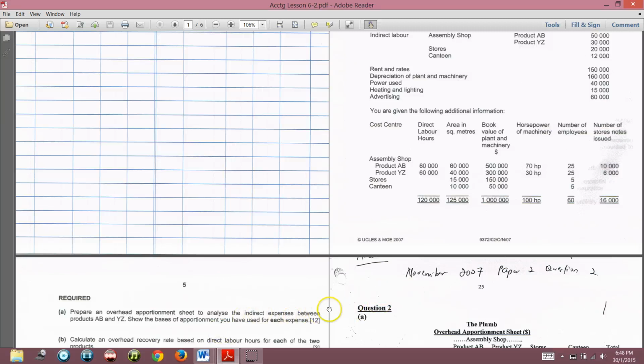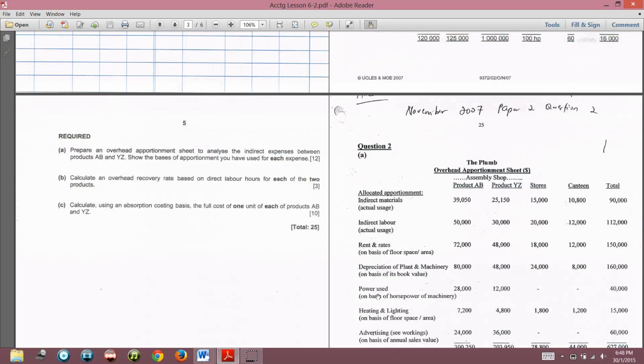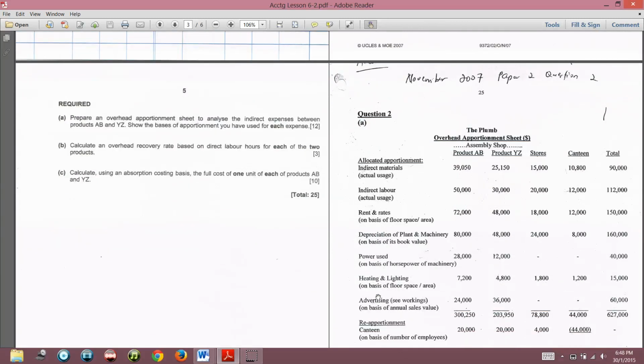The purpose of this sheet is to compile all the indirect expenses, so that later you can find out how much the indirect expense is per unit of product. So I am going to compile all the indirect expenses here.